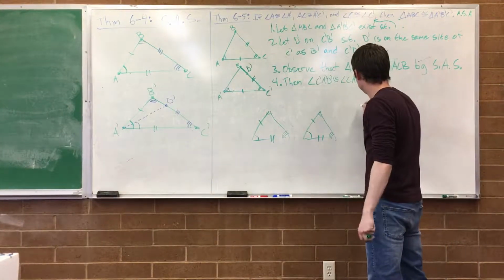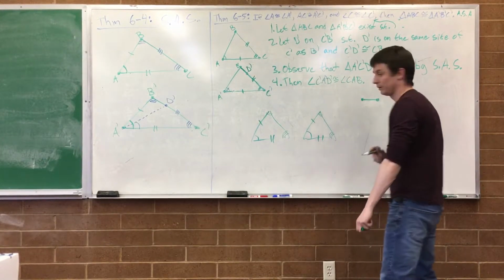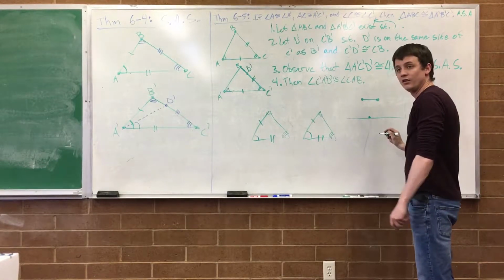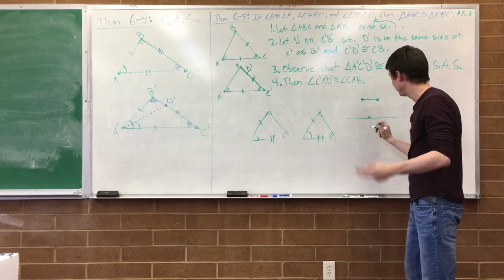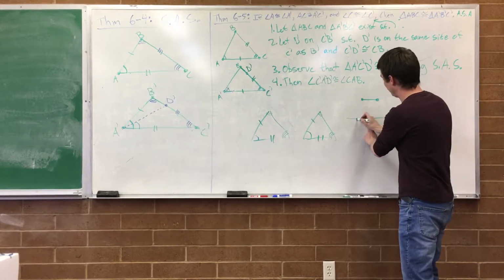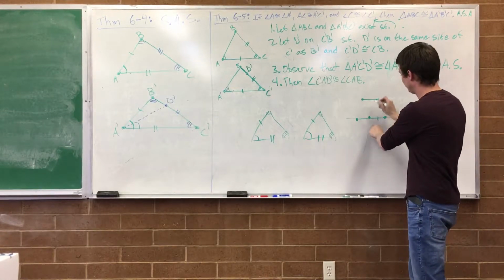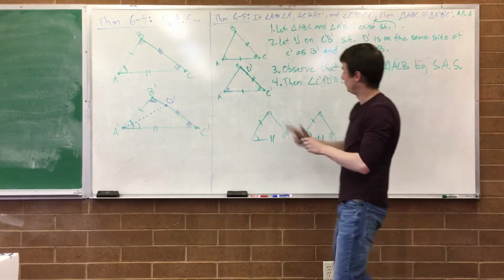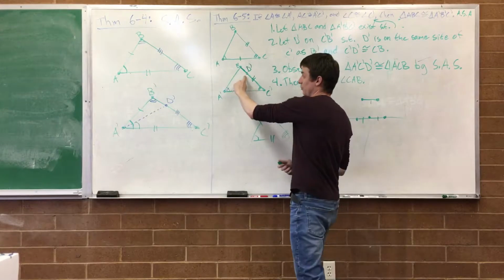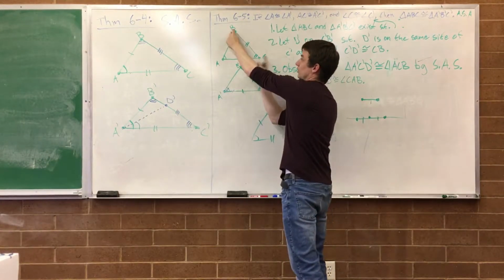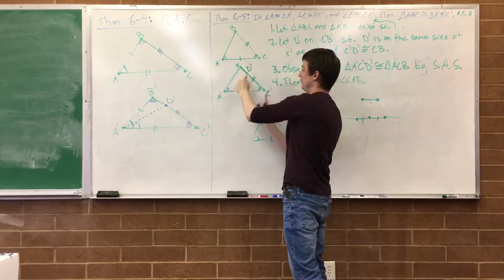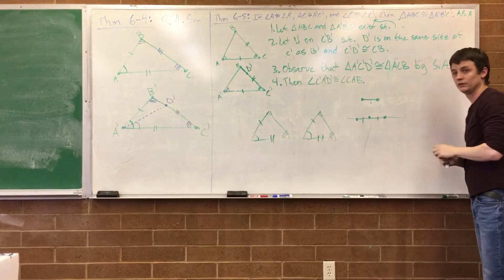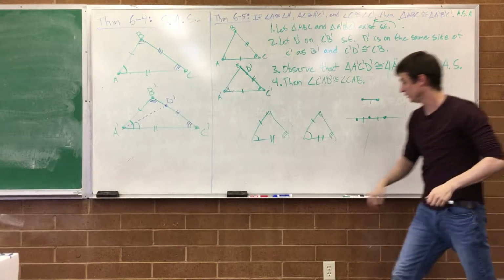Going back to line segments, we knew that if I give you a line segment and a point on a line, then there are two points and only two points, one on either side, such that that's congruent to that and that's congruent to that. So on a particular side, I'm guaranteed that there's a point D prime such that that is congruent to that. Here's my given segment, here's my congruent segment on a particular side of C prime. Good?